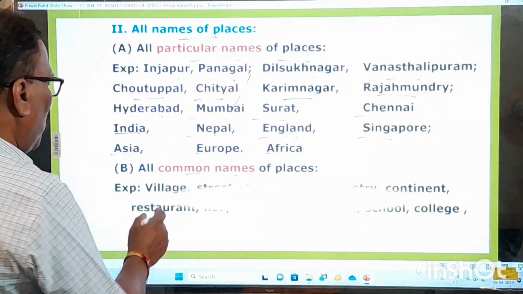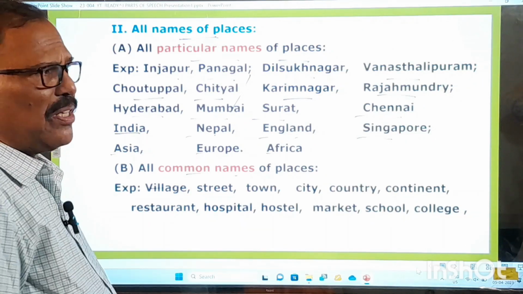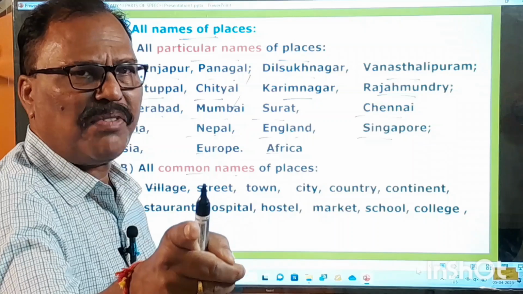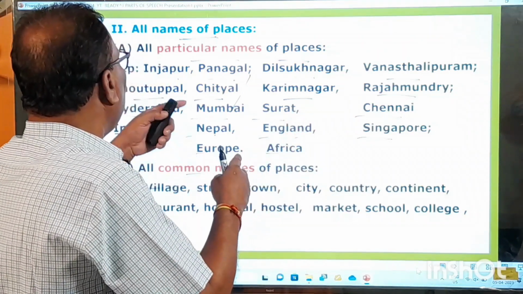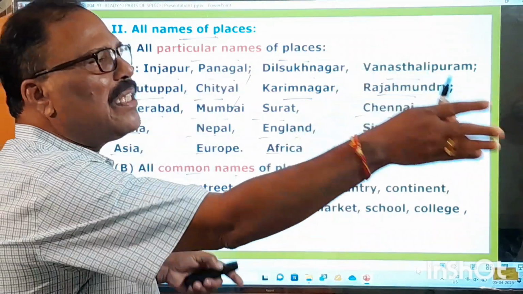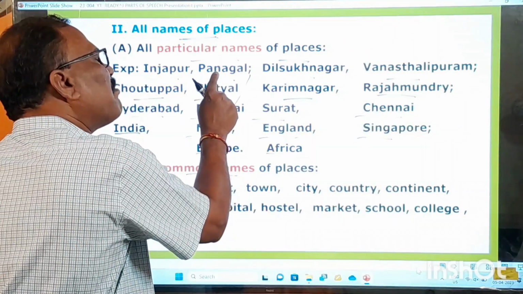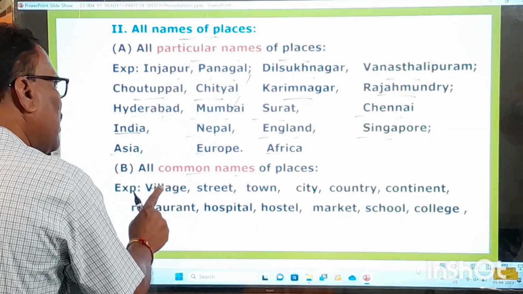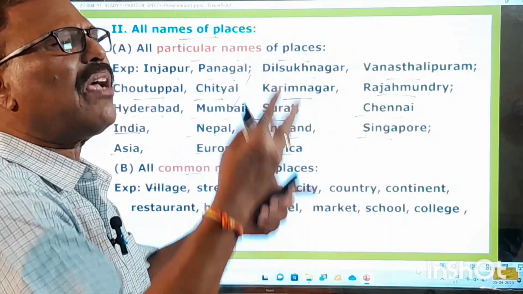Here you see that village is a common name. Anybody can be a village. This is a village, this is a village. But you cannot say this is Panagal for every village. You cannot call every village by that name, but every village you can call by this name: it's a village, because it's a common name.